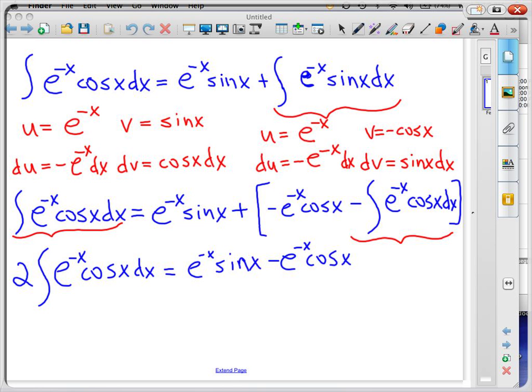And so, if I divide both sides by 2, reduce out the 2 over 2, my final answer is that.